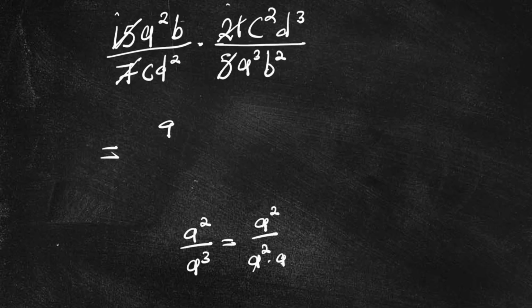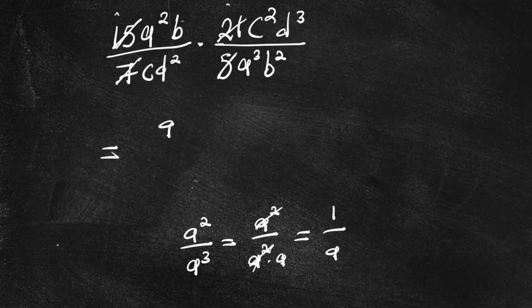Why? Because a to the power 1, I just add the indices, I get 3. So a squared divided by a squared multiplied by a to the power 1, which I just write a. So a squared cancels with a squared in the denominator. I remain with 1 in the numerator and a in the denominator. You can do this with all other expressions.